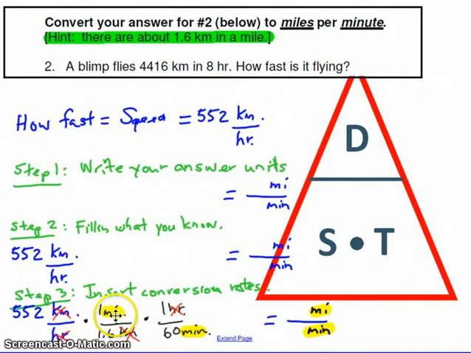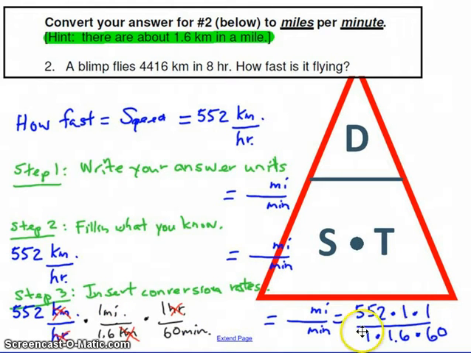So all that's left is to clean this up a bit. I'll do it in the space that I have, which is over here on the right. And I've got 552, that's this number, times 1 over 1 times 1.6 times 60. Notice these ones get filled in sometimes, like 1 hour. Well, I don't really need those ones, do I? We've talked about this a number of times in class. I don't really need to multiply it times 1. So really what I have is 552 divided by 1.6 times 60.